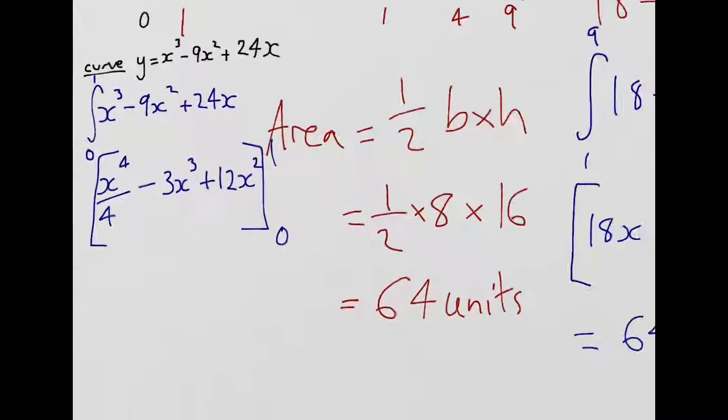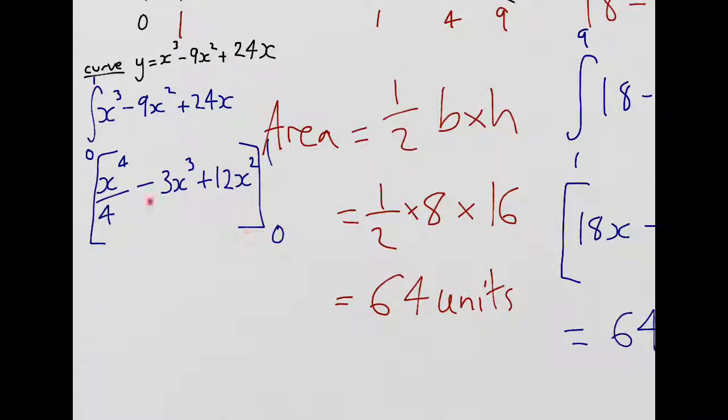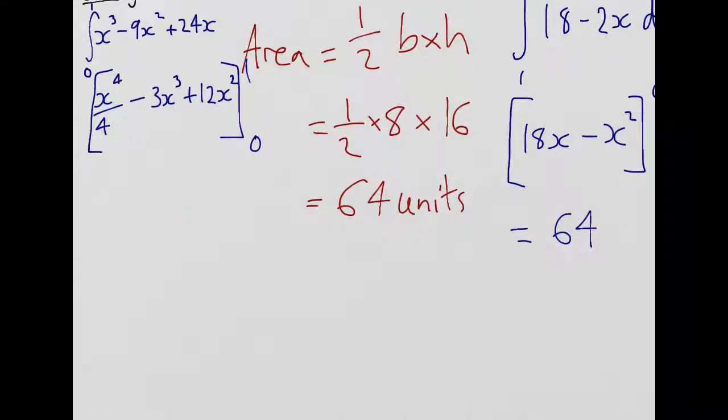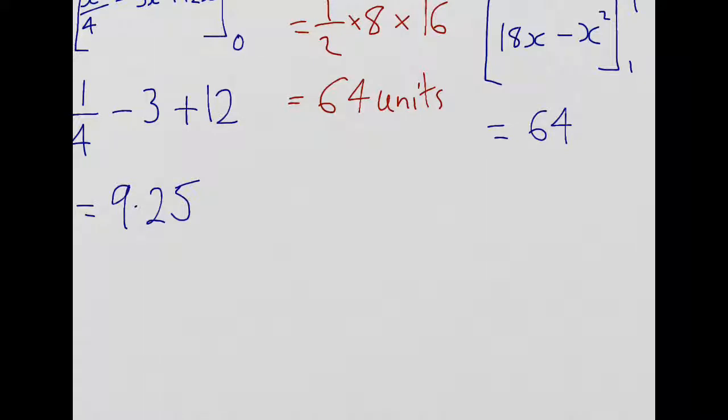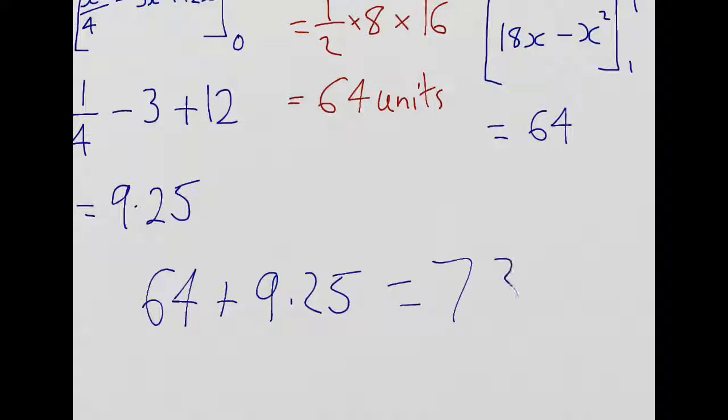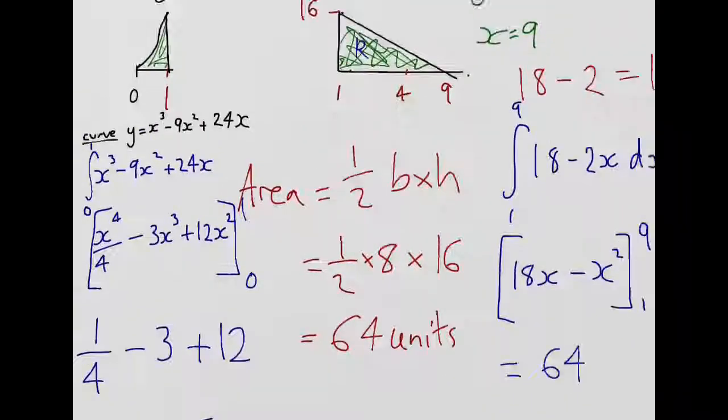We can see quite clearly now that putting 0 in is just going to cancel out the whole equation. So we just need to put 1 in. So we get 1/4 minus 3 plus 12, which will give us an area of 9.25. So the total area is just going to be 64 plus 9.25, giving us 73.25 as our area under that original curve.